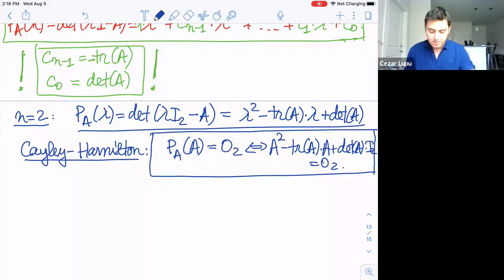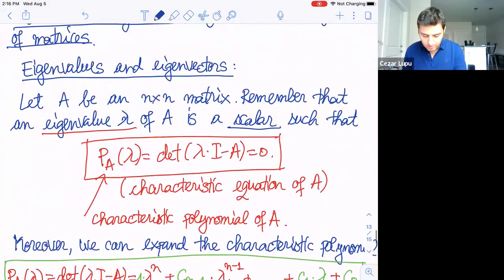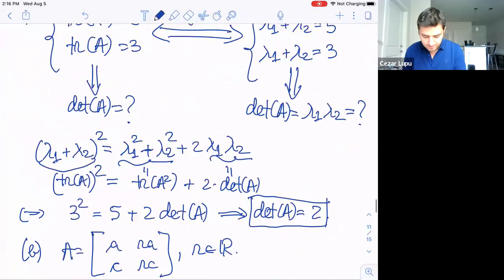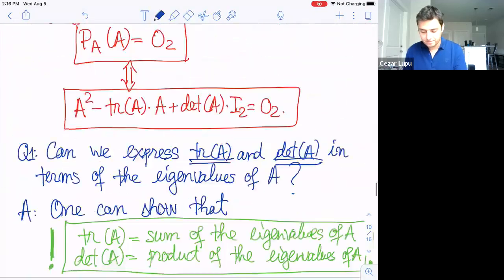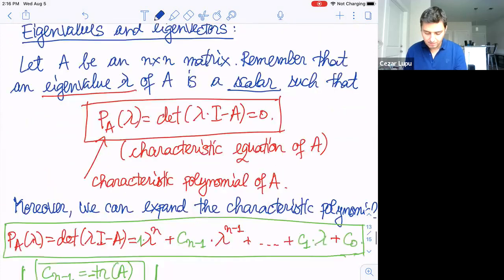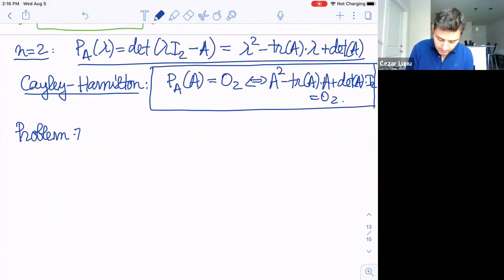So for example, let me do the following problem. Number 7. Problem 7.